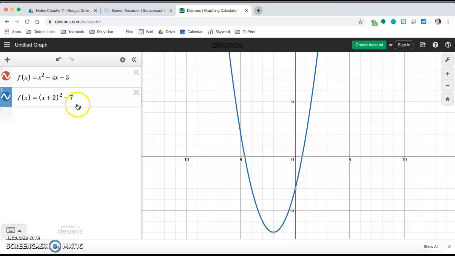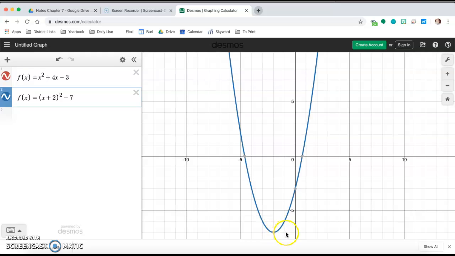Knowing this, I can now put my vertex at -2, -7, just like I said, because I know my h value and my k value. I'm just doing it on my physical copy of my sheet, so I have a note of that. Notice, because there's no a value here, we're not really worried about how skinny or wide the graph is going to be, so we just do a quick sketch.